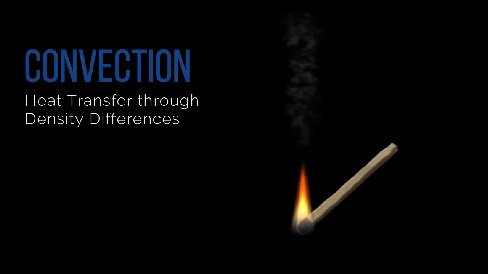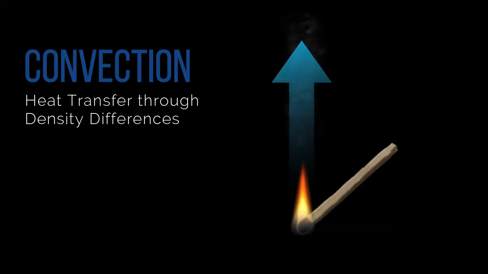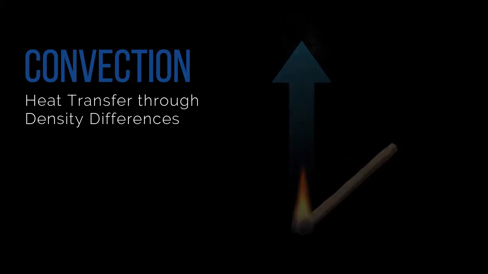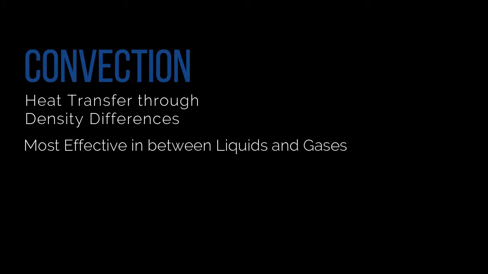This purely shows the process of convection. What is happening here is the flame causing the air to expand, and when it expands, it becomes less dense than the surrounding air and therefore floats upwards. Convection most effectively occurs between liquids and gases.